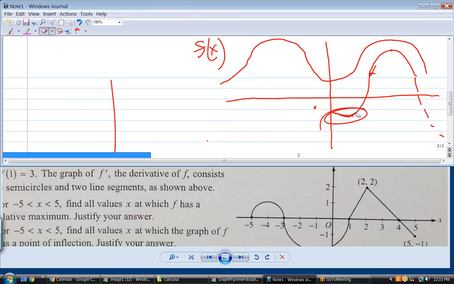And now f of 1 is 3. In other words, that point right there is 3. But f of 2, now see these points here you can't use for the original function.